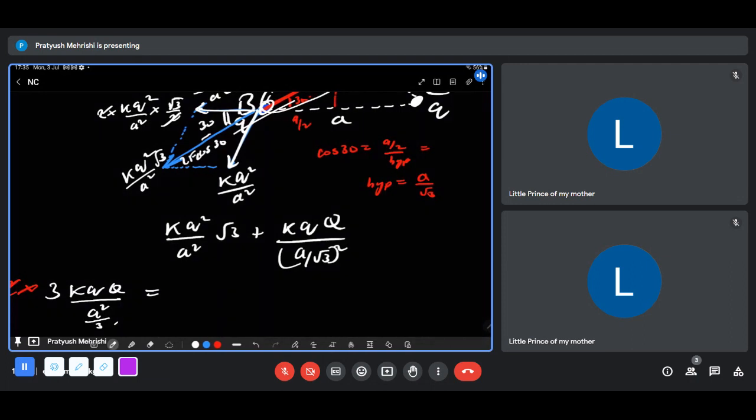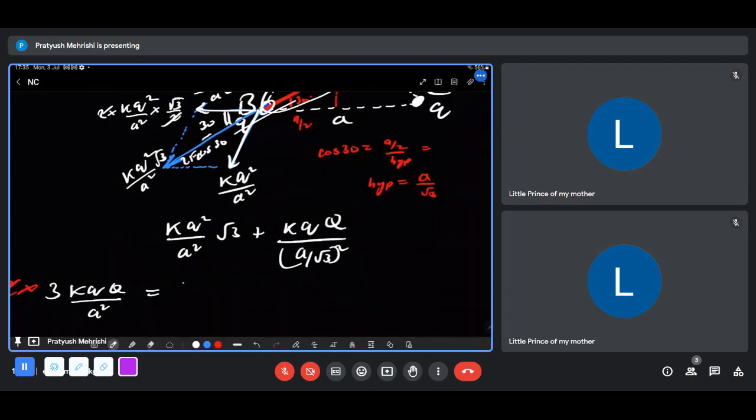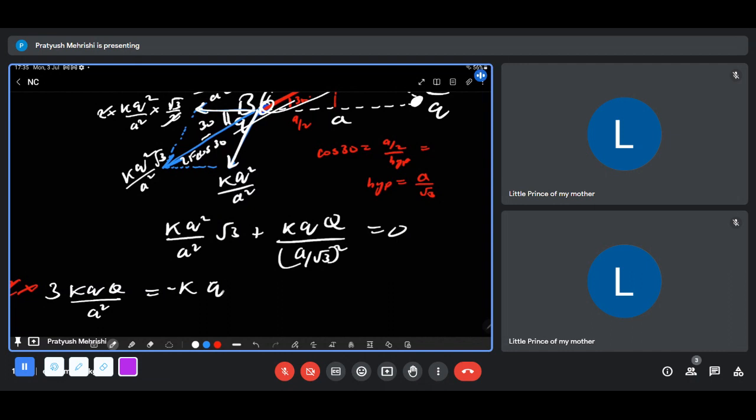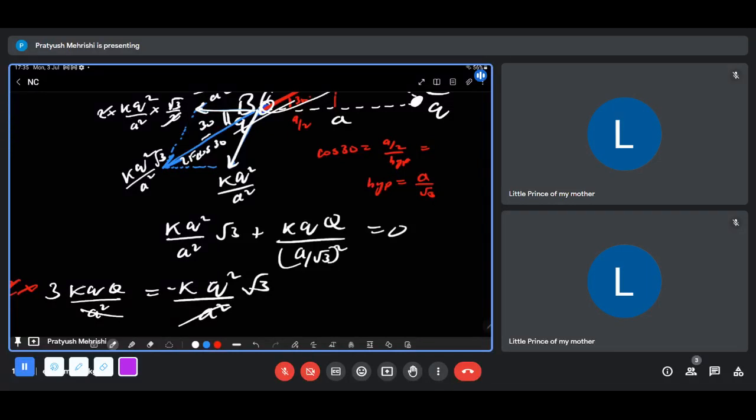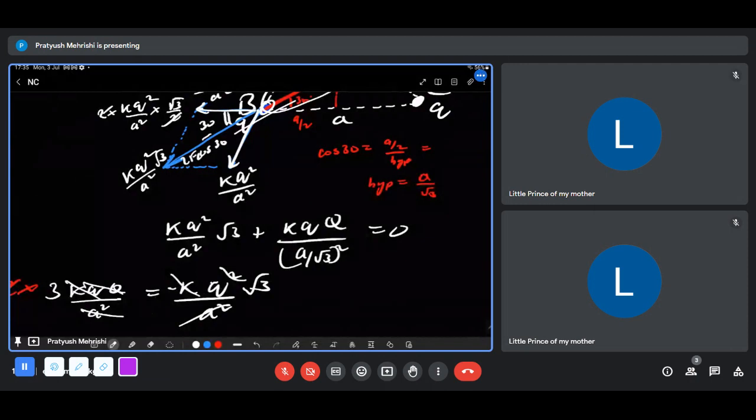This 3 will come here. It will become 3 like this. Next is K. It will go there on that side of equality. K Q square root 3 upon A square. A square cancelled out. K cancelled out. Q power cancelled out.